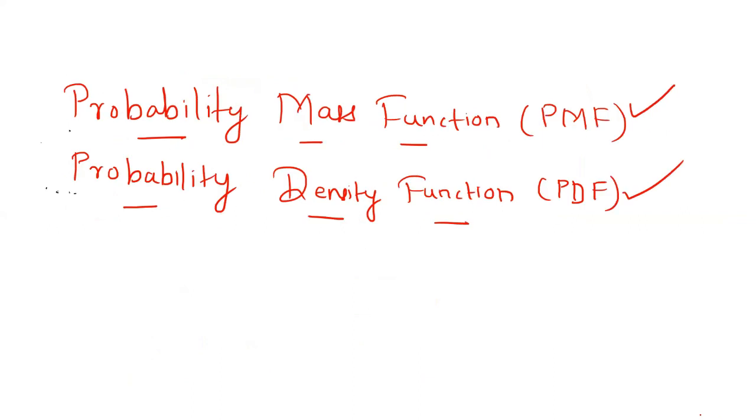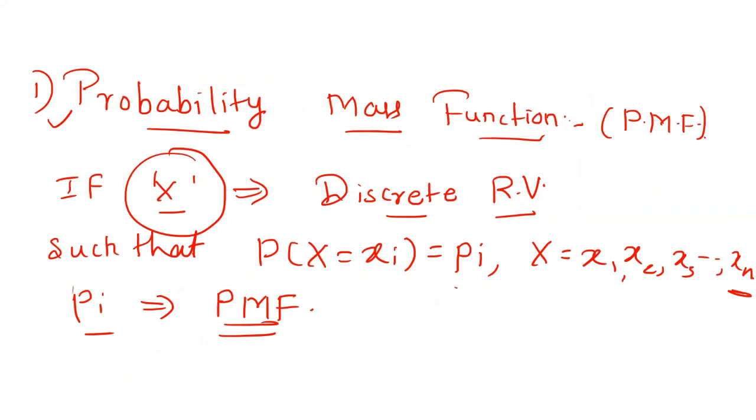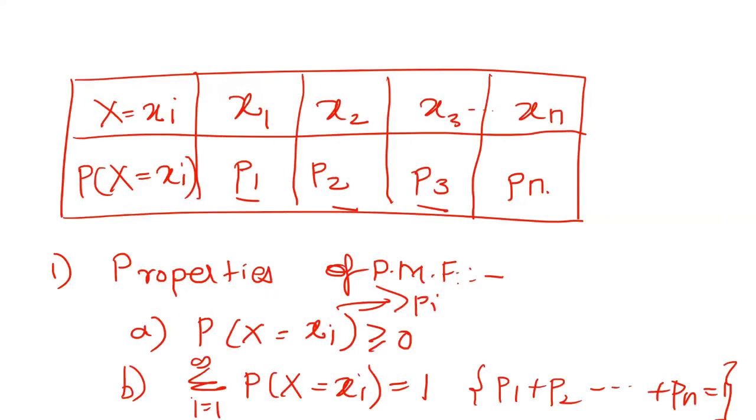So there are two kinds of distributions: one is the probability mass function, one is the probability density function. If x is a discrete random variable, where probability of x is equal to xi is equal to pi, and x is x1, x2, x3 till xn, then this value pi is called the probability mass function.